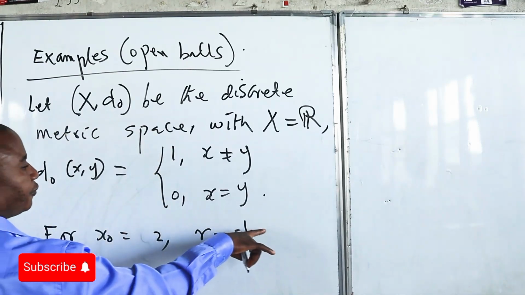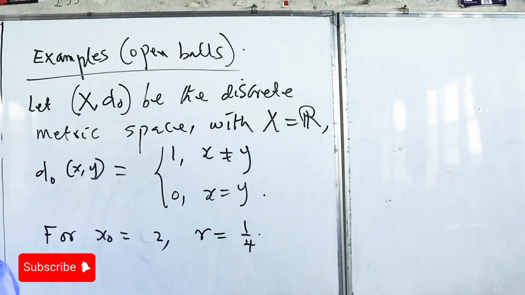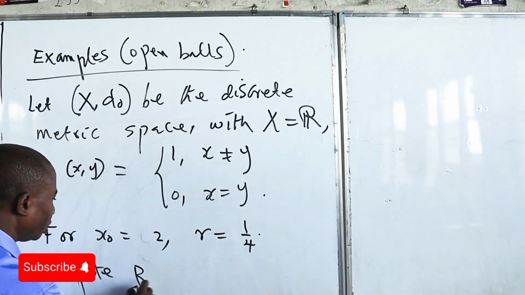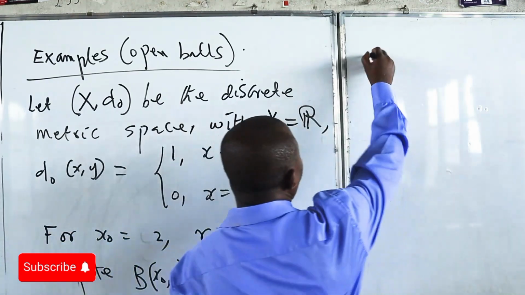Notice that 1/4 is a positive number, so it qualifies to be our radius. Our goal here is to compute the open ball with center x naught and radius r.